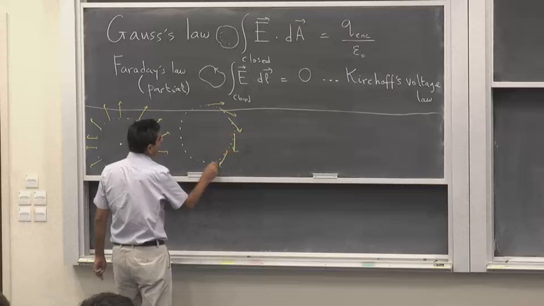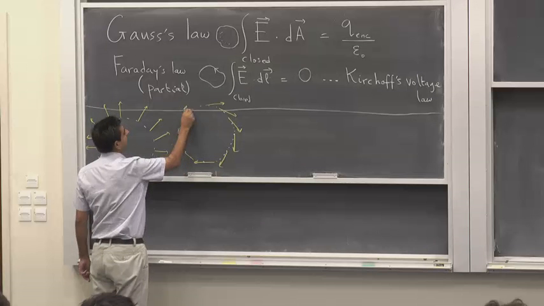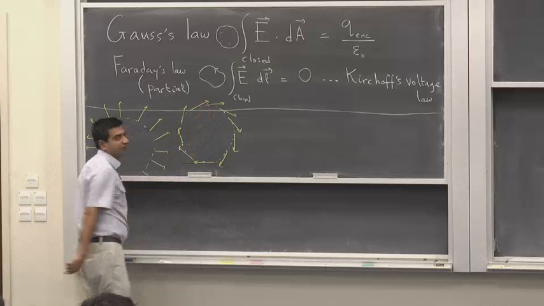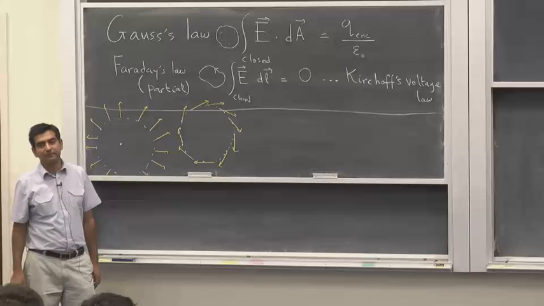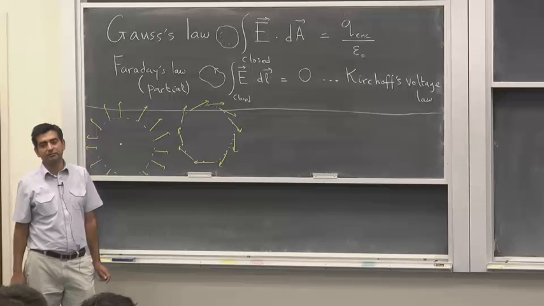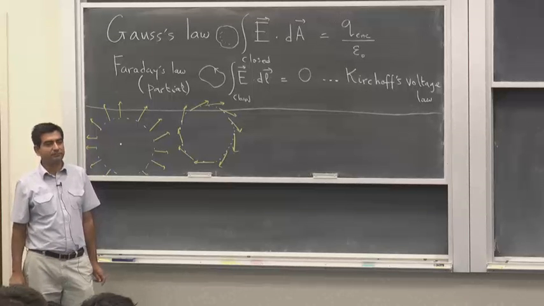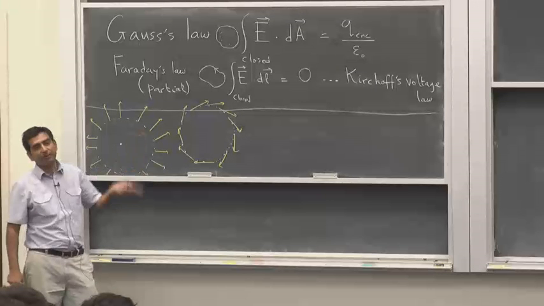So the electric field magnitude is constant at all of these points at a fixed distance from an origin, but the electric field lines are tangential. Is such a field pattern possible? Is it permissible?